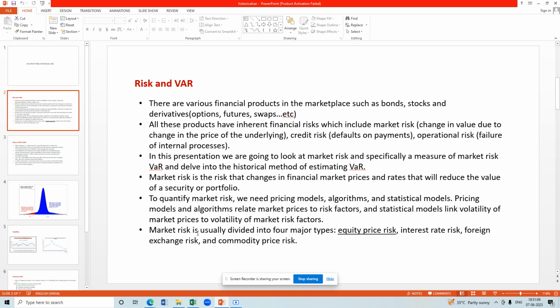You need models which involve pricing and statistics and correlate these to market risk factors such as volatility, covariance and variation. Market risk is primarily across four categories of products, which includes equity prices, which is what we are looking at in this presentation, interest rate risk, foreign exchange risk, and commodity price risk.